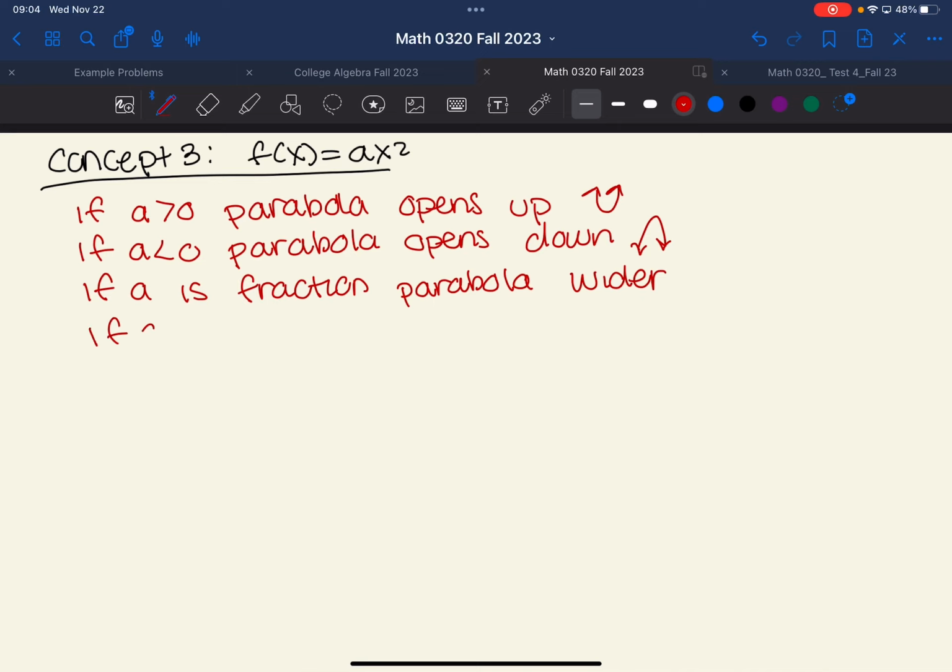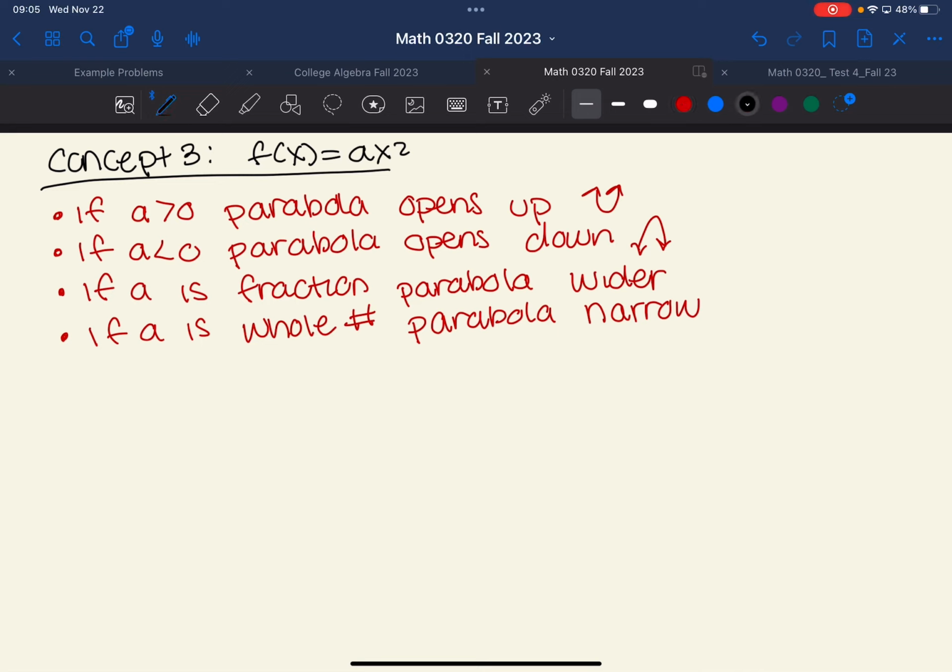And then lastly, if a is a whole number, the parabola will be narrow. Okay, so this is what a does to our parent function.